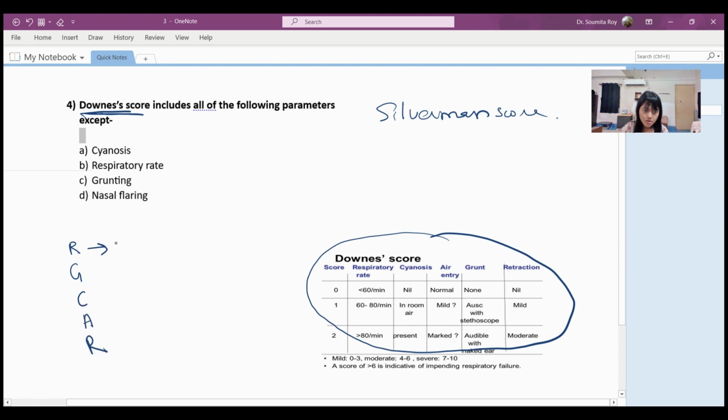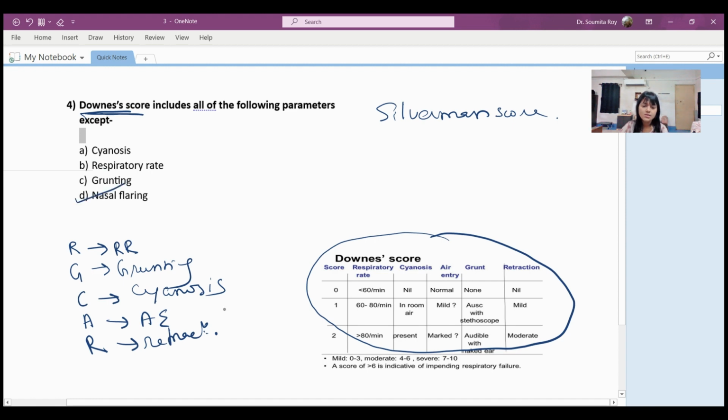R stands for respiratory rate, G for grunting, C for cyanosis, A for air entry, and R for retraction. If you are remembering all these five parameters, then it's very easy to answer, right? So you see cyanosis, respiratory rate, grunting, yes. So the answer will be nasal flaring.